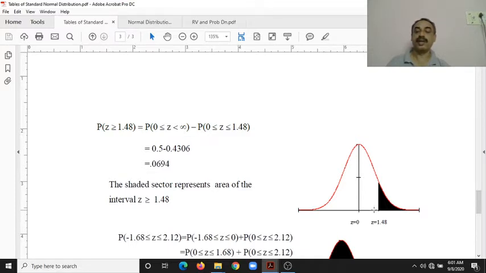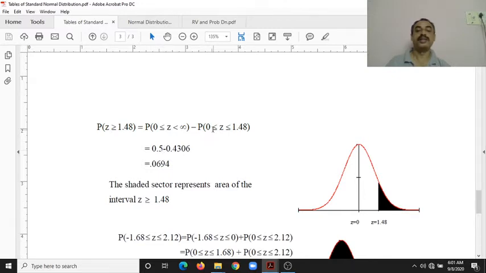The area from 0 to 1.48 can be obtained from tables. That's why we take the total right area from 0 to infinity and also the area from 0 to 1.48.